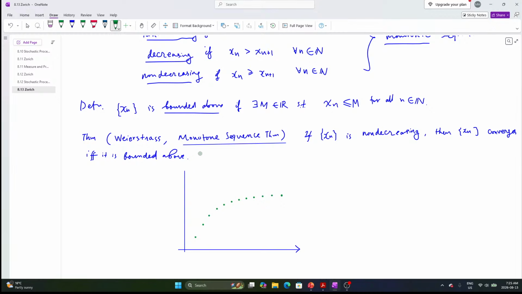In fact, this is not just a convenient way to determine convergence or divergence. It's actually a fundamental property of the real numbers. You can start your theory of real numbers from the monotone sequence theorem. Right?